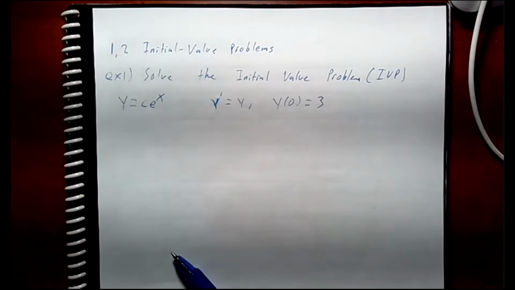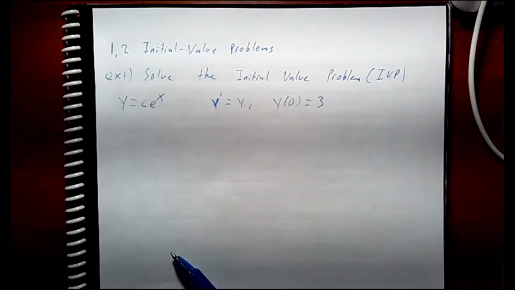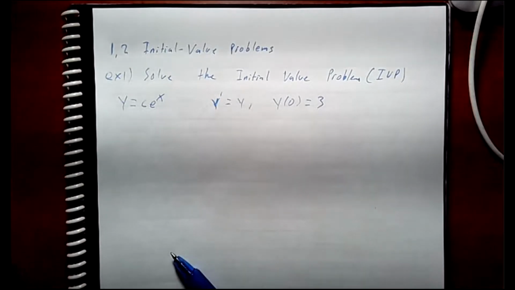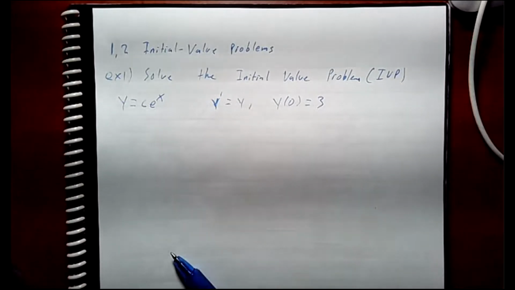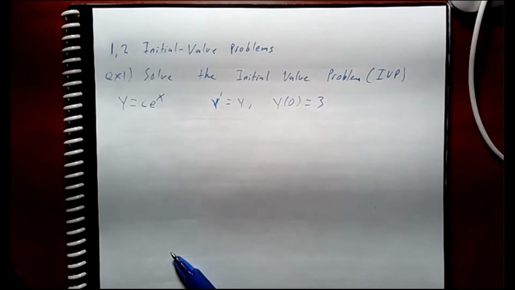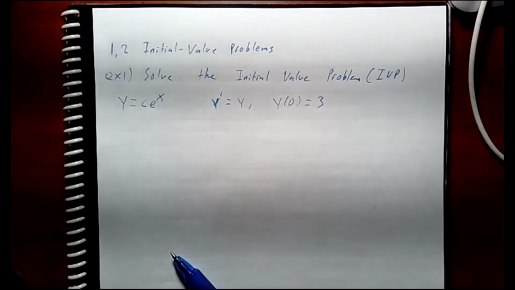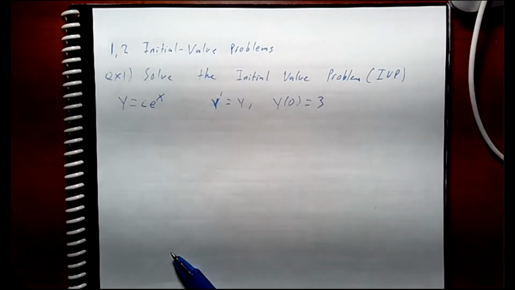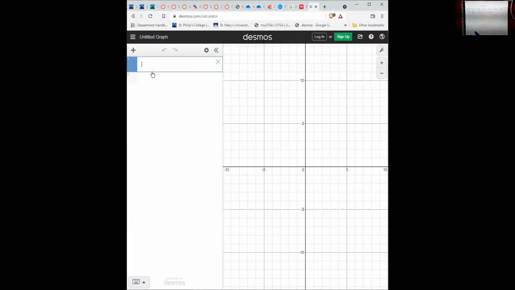Okay, so visually, right? Let me open that up. So visually, if y equals Ce^x is a family of solutions, C can be anything, right? So we don't use whole numbers just to keep it simple.